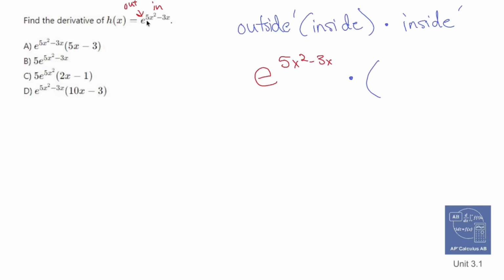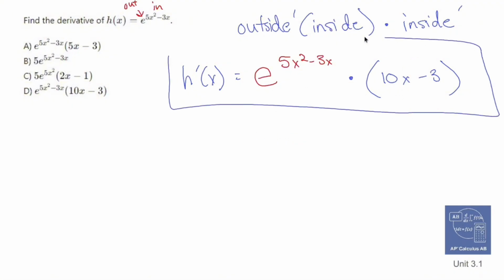That inside stuff was 5x squared minus 3x. So the derivative of 5x squared is 10x, and the derivative of minus 3x is minus 3. So what was that, h? So h prime of x is going to equal e to the u times u prime. And it looks like they don't want me to do much more than this. It looks like all I have to do is just circle that and say, yeah, my answer is D.